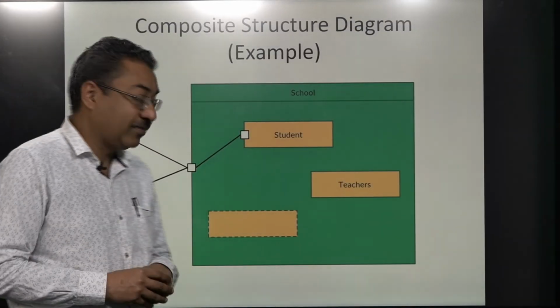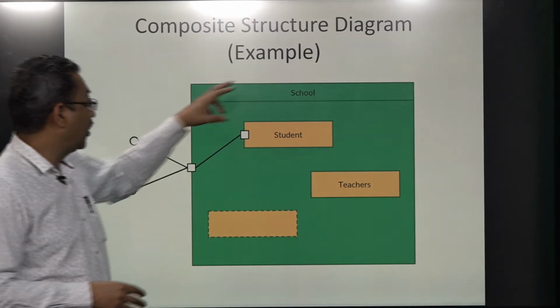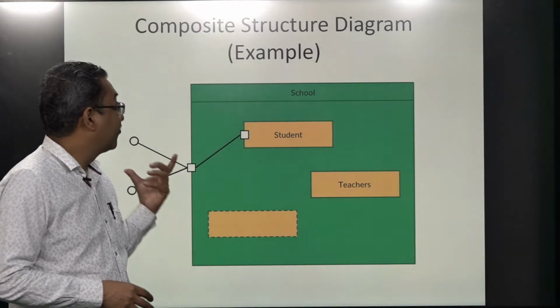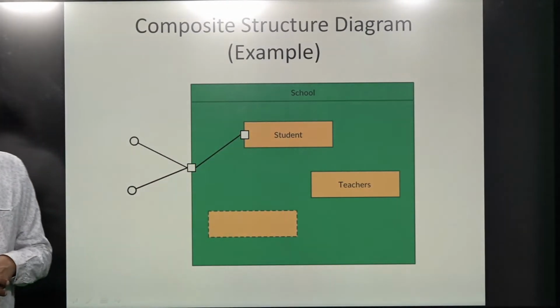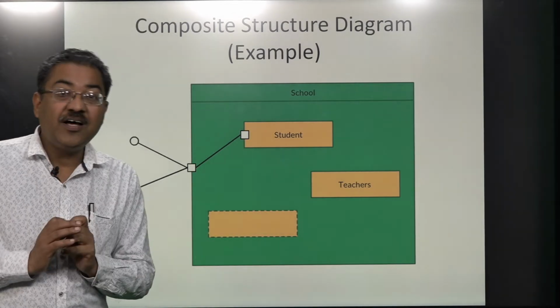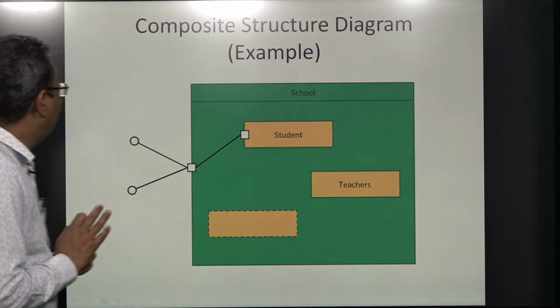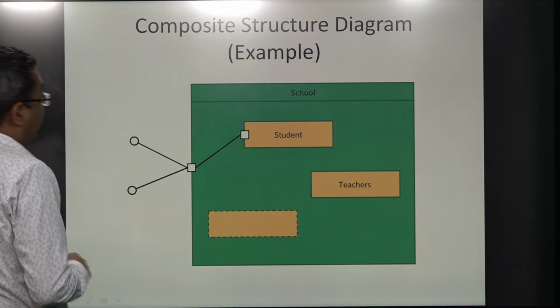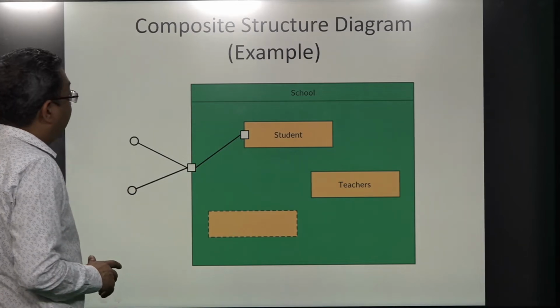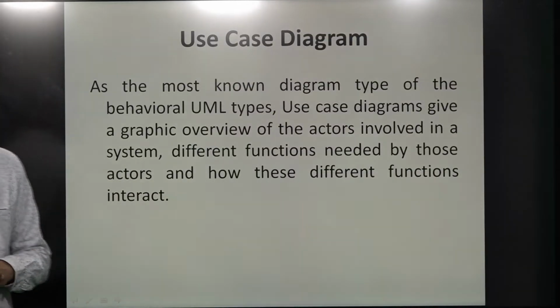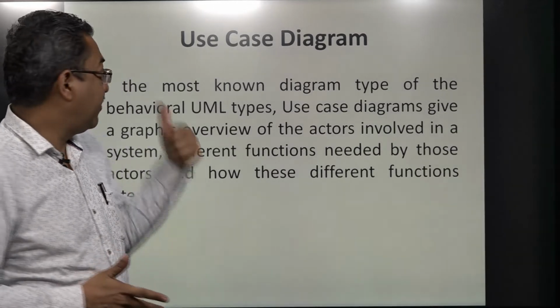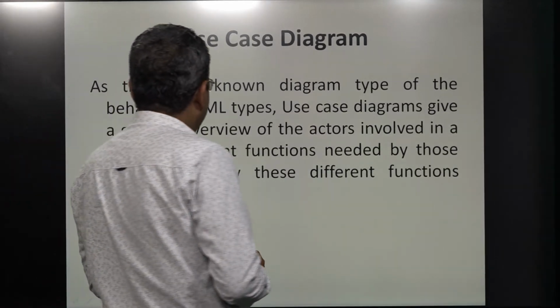For example, this one, what a school is. School consists of student and teacher. This is a very simple example of the composite. Again, they are also the lesser useful UML diagrams.